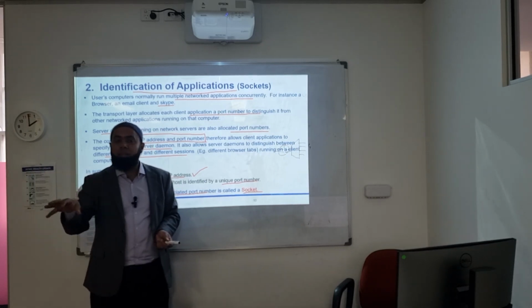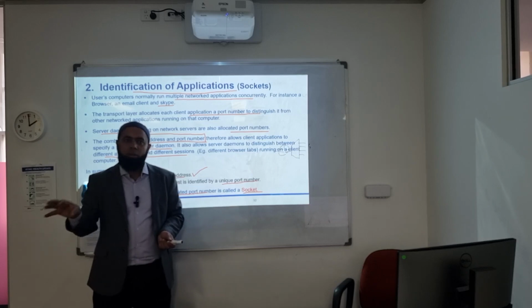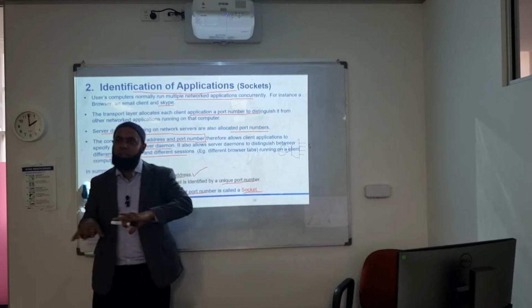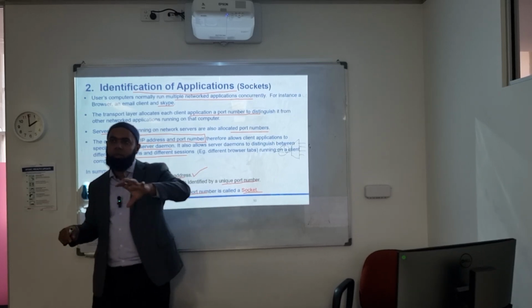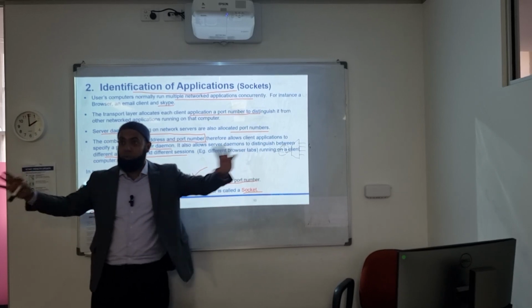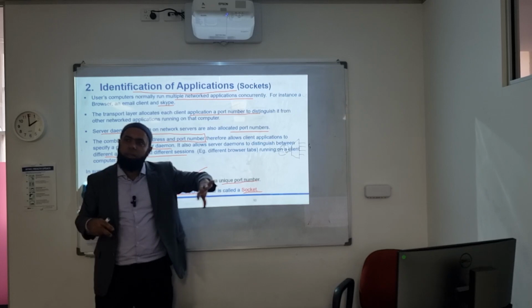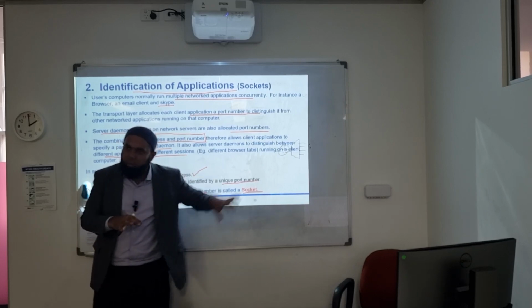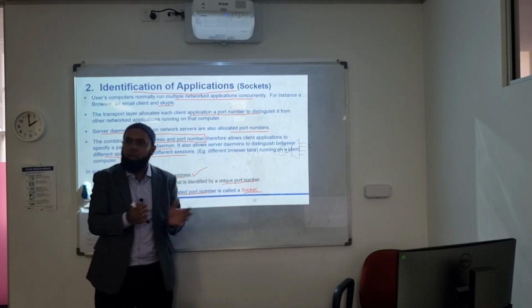The data link job was to see the local network. The network layer job was to see the wider network between routers. Whereas the transport layer's job is to see the network inside your own computer.